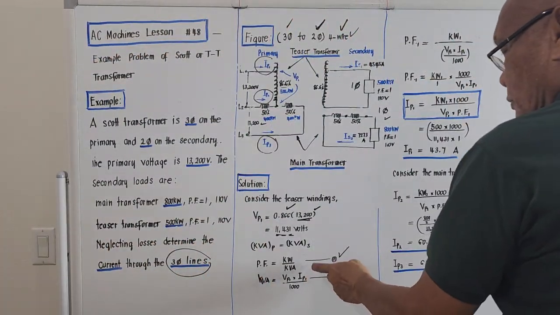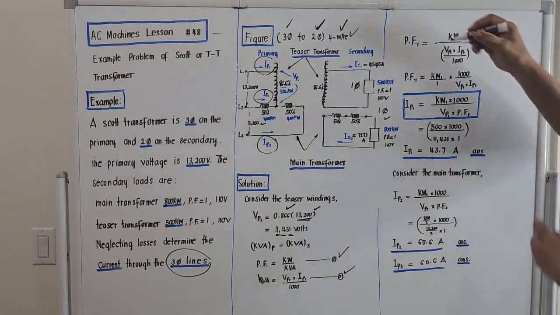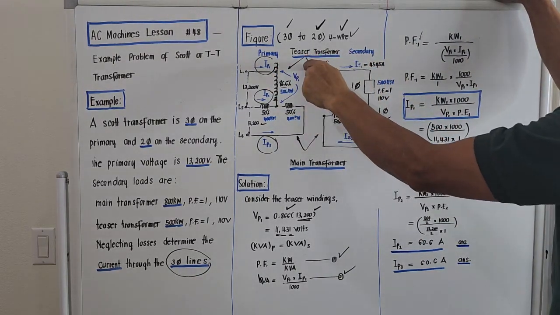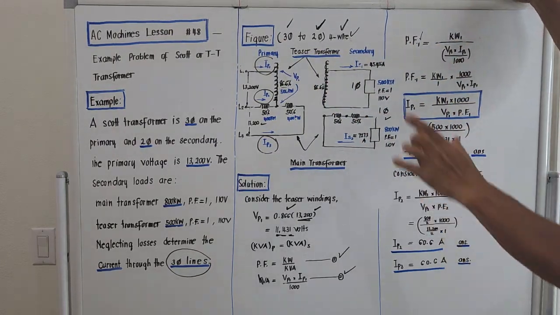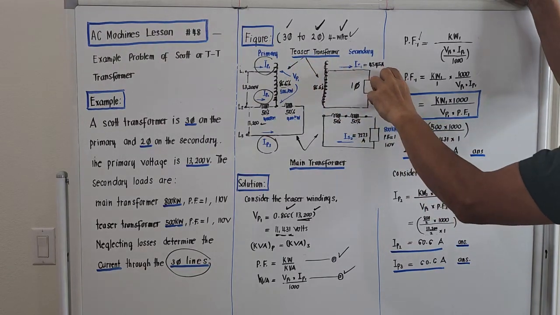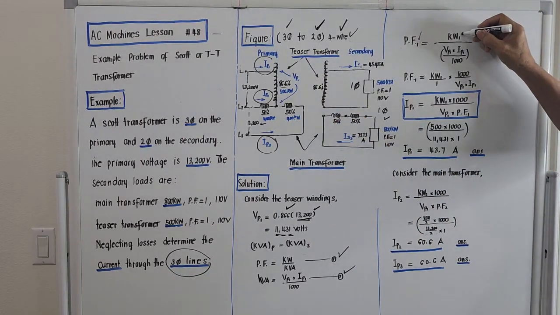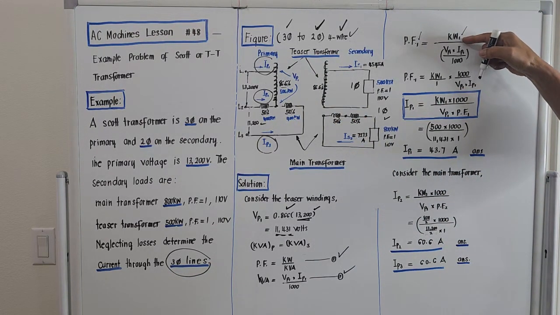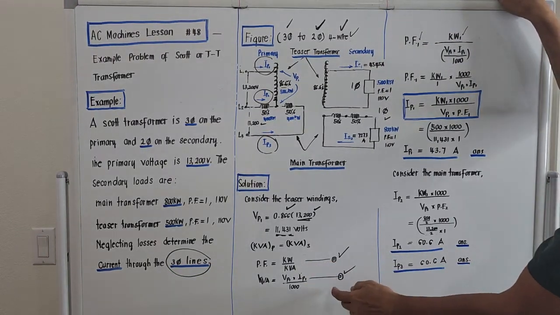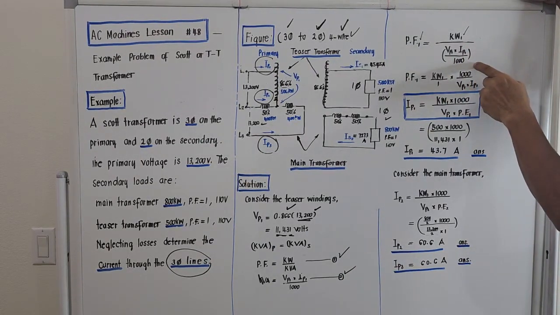Going back to equation number 1, power factor now, I will put the subscript 1. It refers to the primary side considering the teaser transformer. This should be the total load on the teaser. Whatever load on the secondary, it will still be the load on the primary. So this should be kilowatt number 1 with the subscript 1 already. And we will replace kVA by equation number 2 here, VP1 IP1 over 1000.